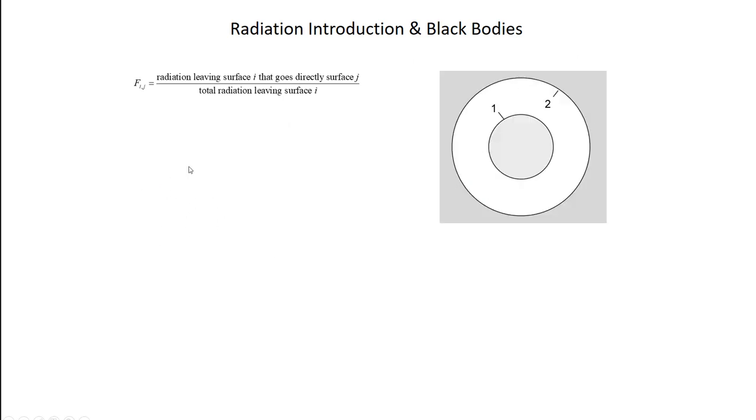So inspection is basically just looking at the situation and seeing what view factors are kind of obvious. So for example, in this particular situation, the view factor between 1 and 2, so F_1→2, should be pretty obvious. It should be obvious that all the radiation that leaves surface 1 here has to end up hitting surface 2, right?